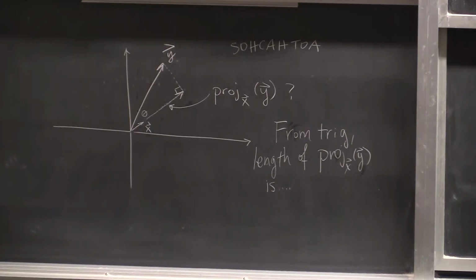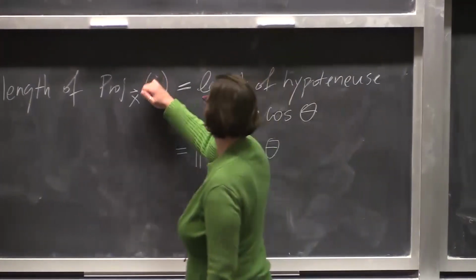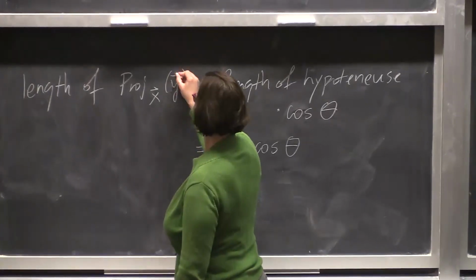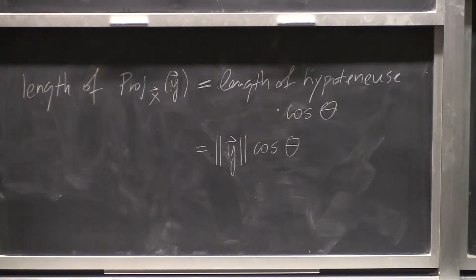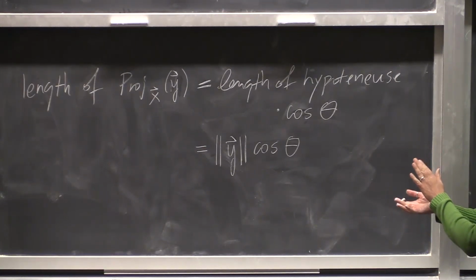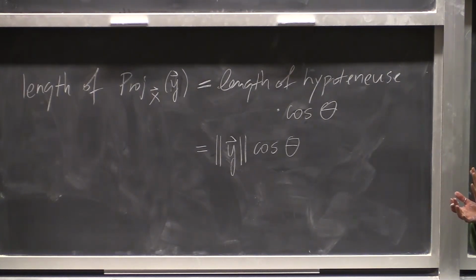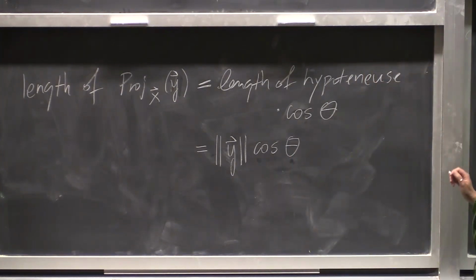That's why I can say this is the length of the projection of y onto x. Okay, super. Now, in principle, if I give you two vectors, do you feel comfortable putting them in a plane and computing the angle? Or is there some fast way to get that cosine theta?